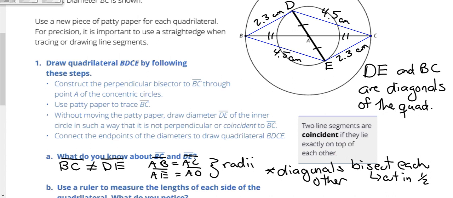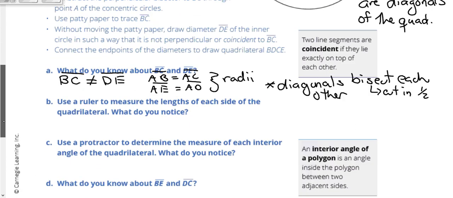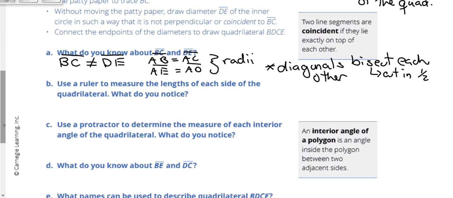All right, so we notice that BE is equal to DC, and BD is equal to EC.